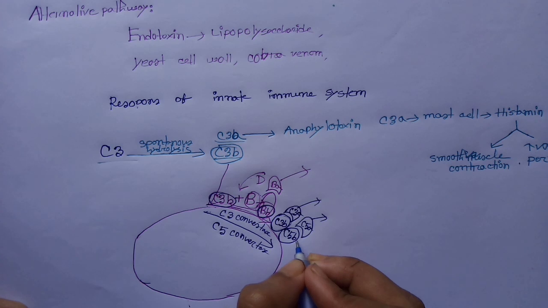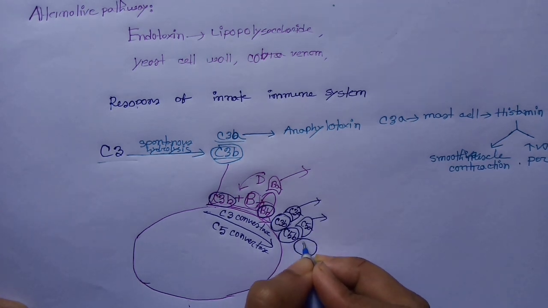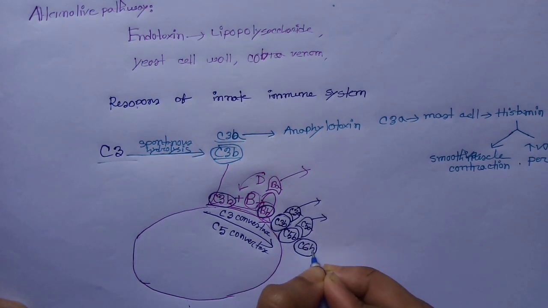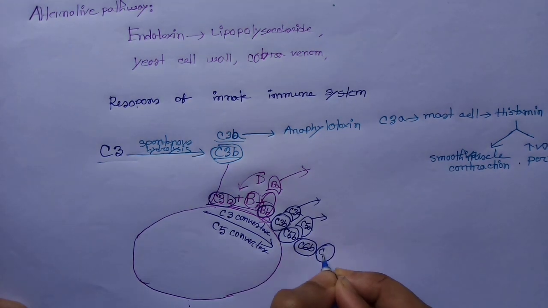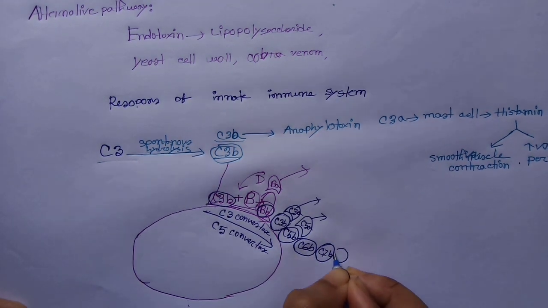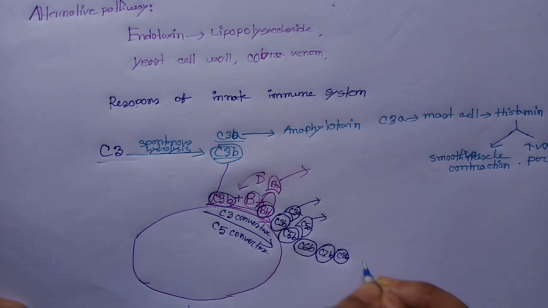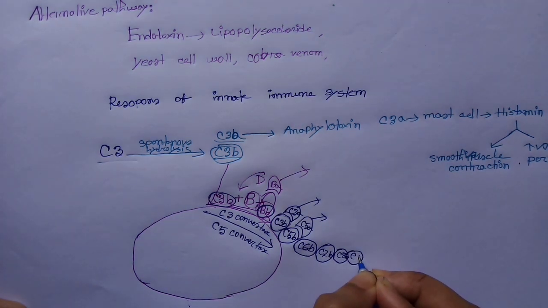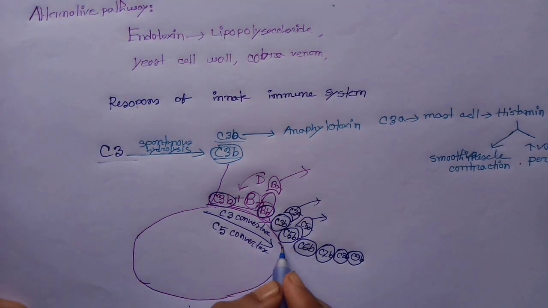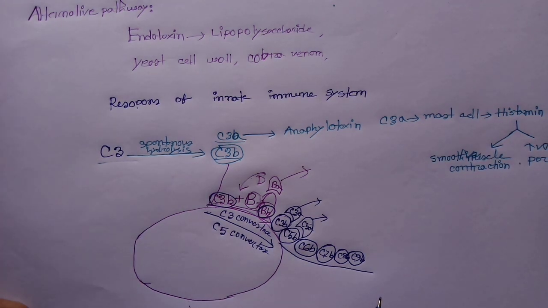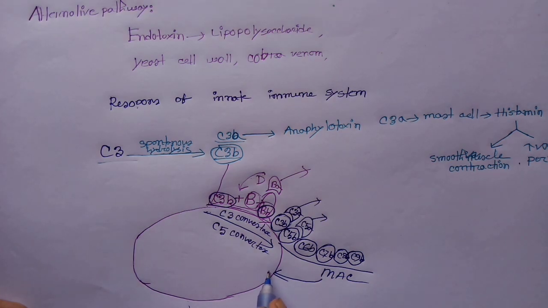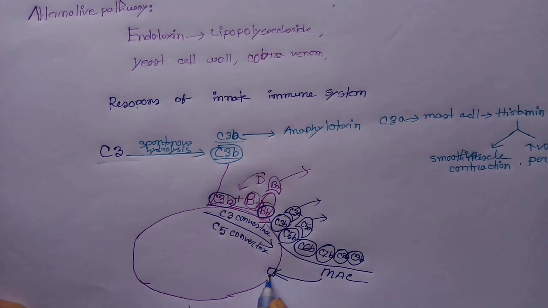Then C6, C7, C8 and C9 bind in turn. These form the membrane attack complex or MAC, which will attack the membrane of bacteria or other substances, making pores in the surface or membrane.